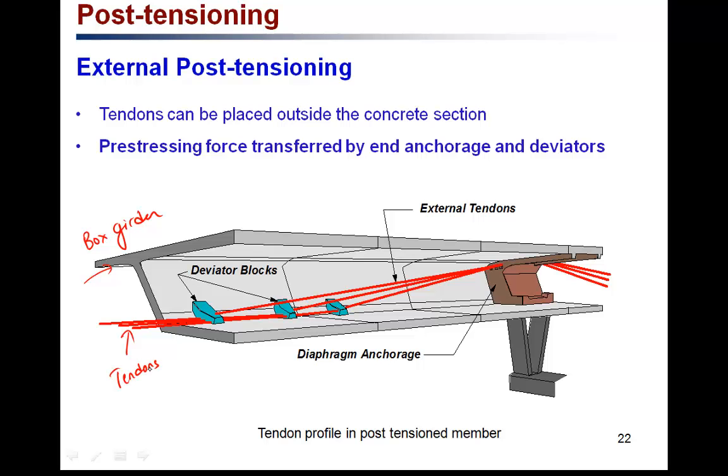And instead of putting these tendons inside the concrete member itself, they are placed outside the concrete member. So you can easily see these tendons outside here. So this is called external post-tensioning. And in this external post-tensioning, the load from the steel is transferred to the concrete through these deviator blocks or through the end anchorage.